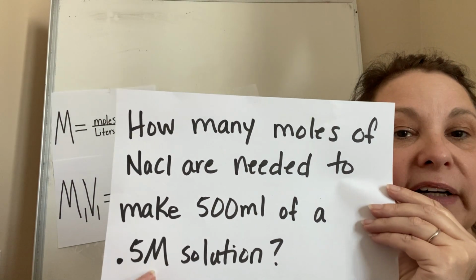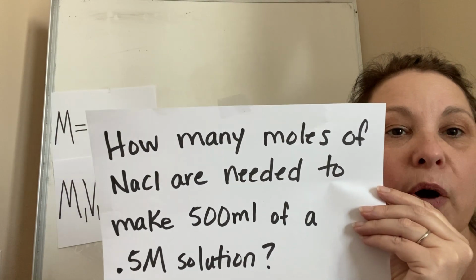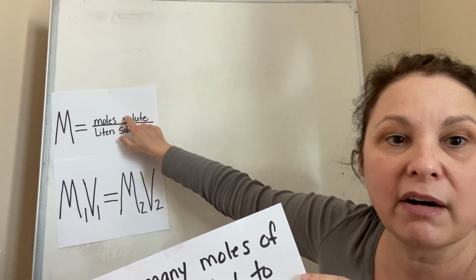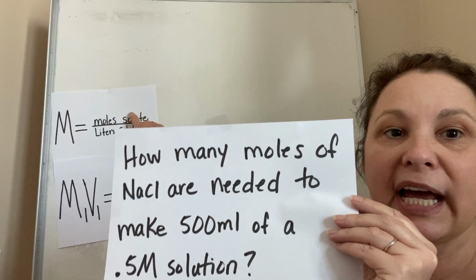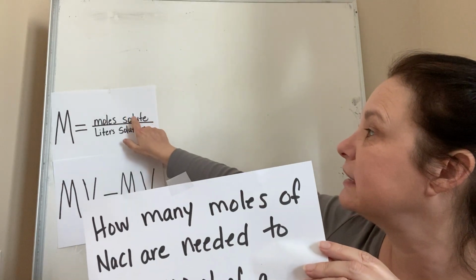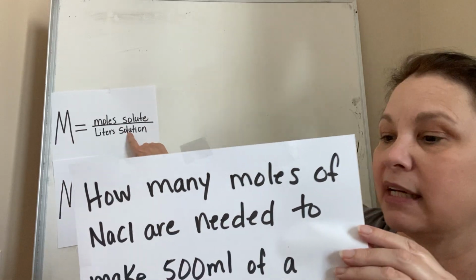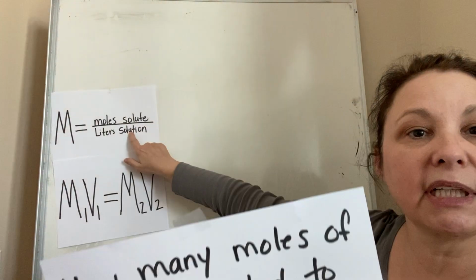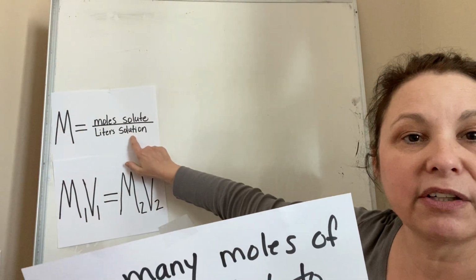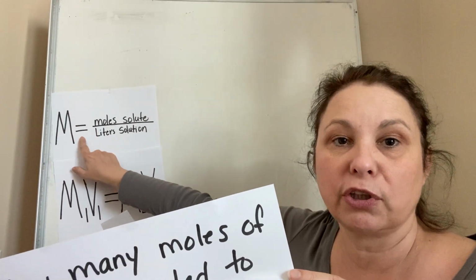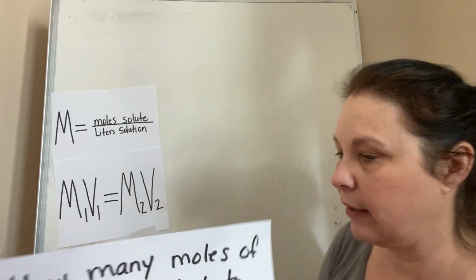But that's my molarity with the capital M. I want to know how many moles, which is that top up there, how many moles of that solute NaCl am I going to need to make 500 milliliters, which we'll have to change into liters, of a 0.5 molar solution, which would be our molarity.